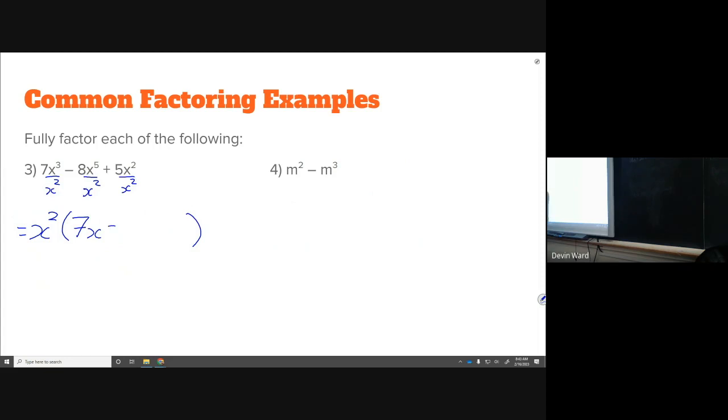Okay? Minus 8. We don't have any numbers to divide out. 5 minus 2 would be 3. So we'll have x to the power of 3. Okay, and then plus 5.